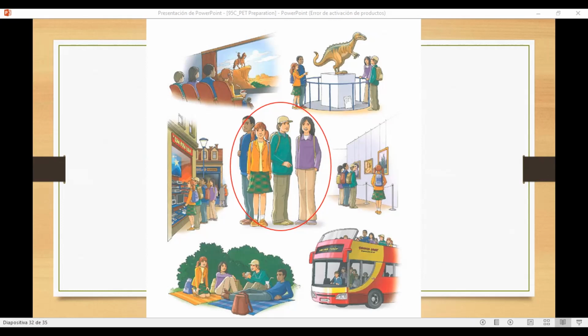hacer el diálogo. For this activity, guys, you're going to have 6 minutes. That is the double time you have in real situation, ¿sí? Así que tienen más que suficiente tiempo para hacer este diálogo. Tenemos el doble de tiempo, es decir, 6 minutos para realizar el diálogo.